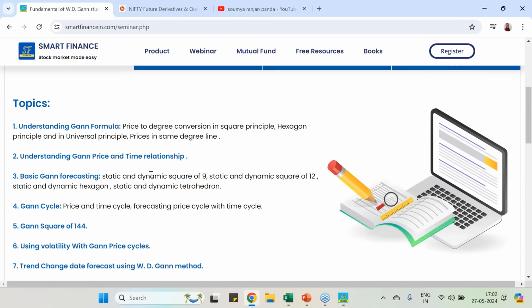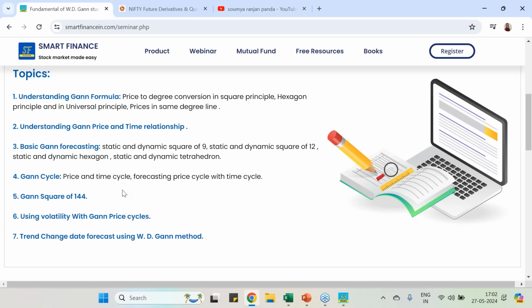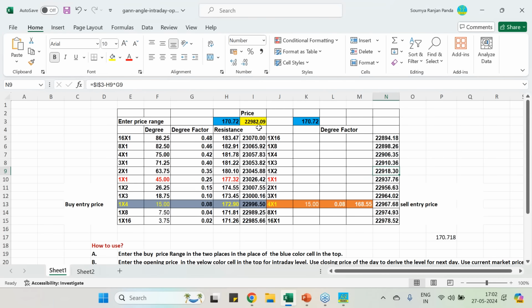I will be discussing many subjects on Gann, from the basics: the Gann cycle, square of 144, volatility, everything. So you have seen here how I have used the daily volatility along with the Gann angle for intraday forecast. I took the volatility, and from there I estimated the price range expected for the day.